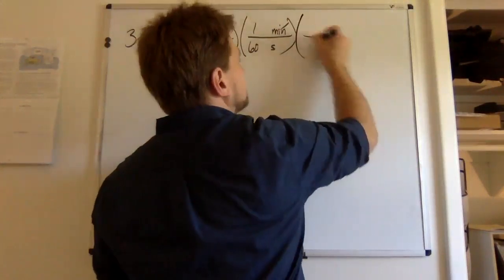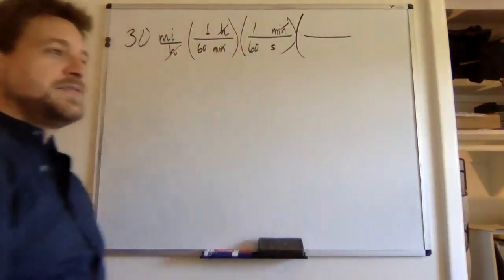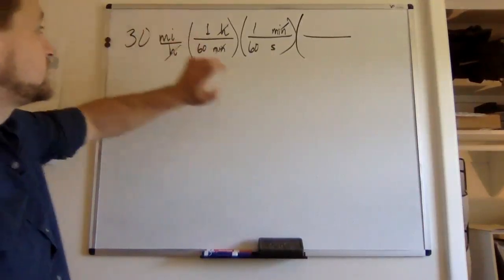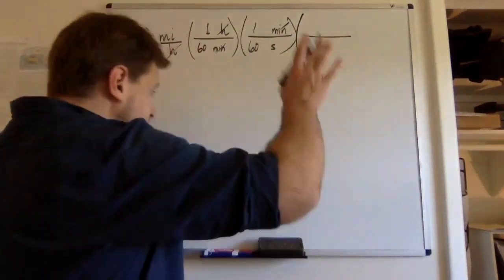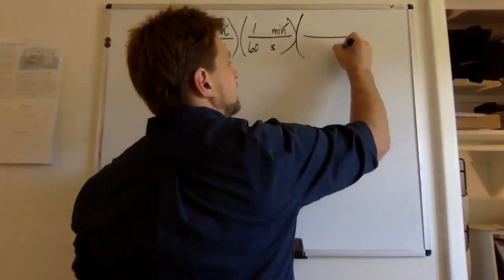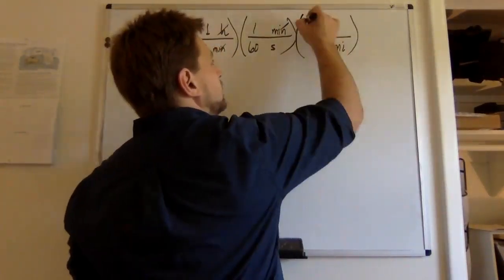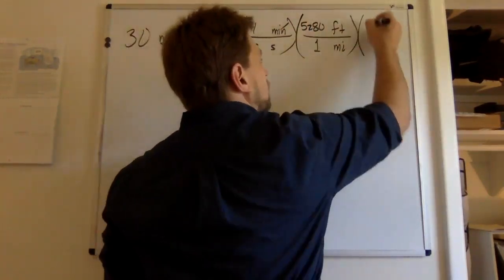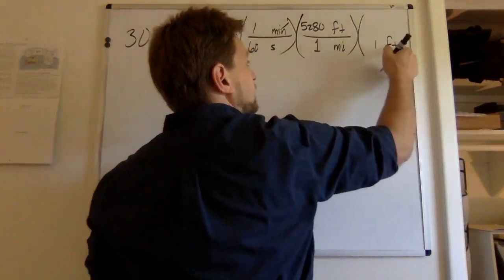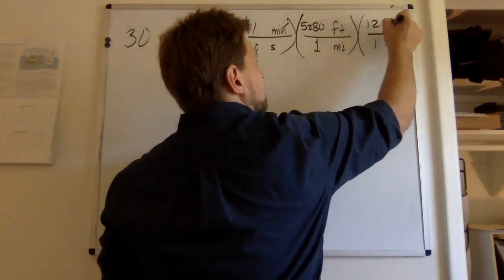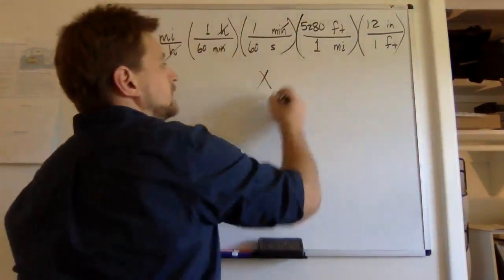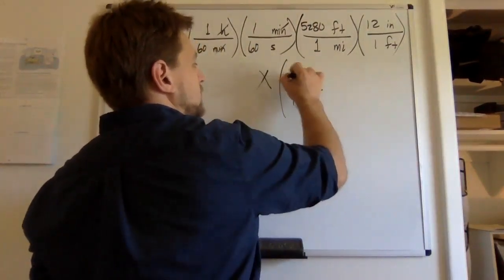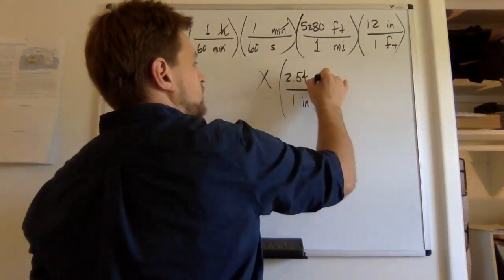I remember that one. 1 mile is 5,280 feet. Miles is in the numerator, so in order to cancel it and not talk about miles anymore, we need it in the denominator. 1 mile is 5,280 feet. 1 foot, again in the denominator, is 12 inches. 1 inch is 2.54 centimeters.